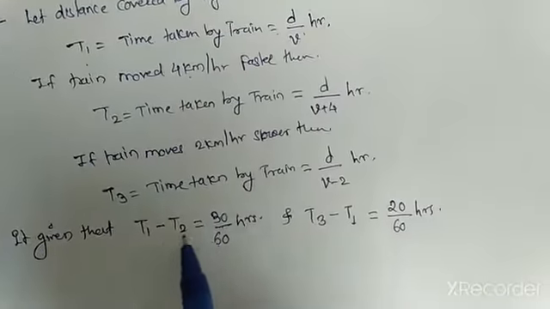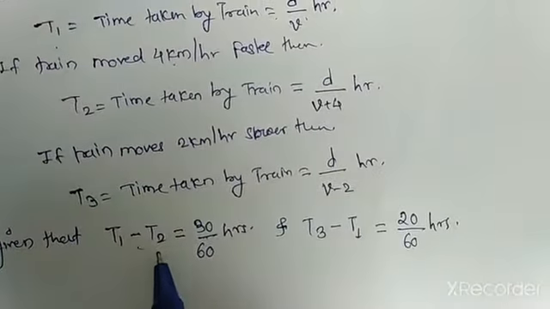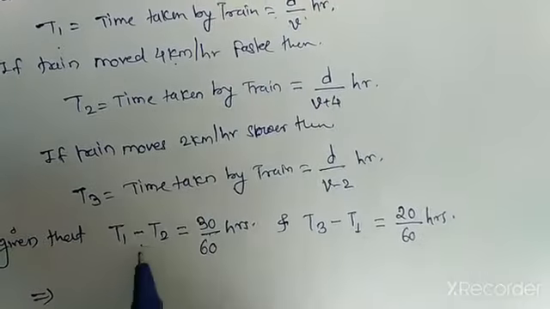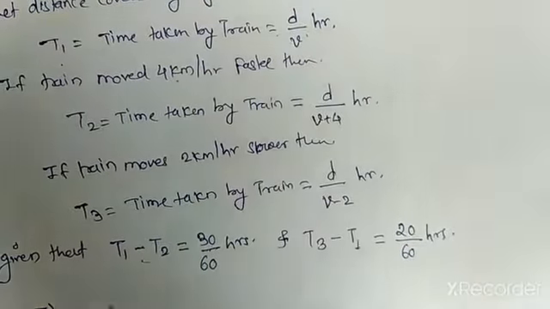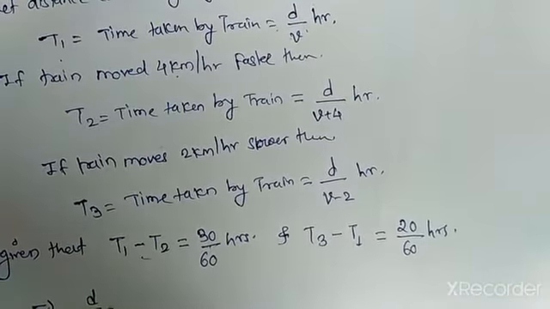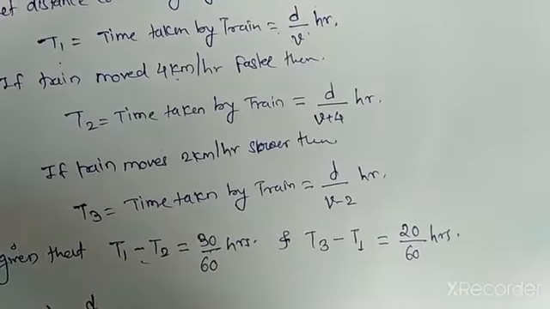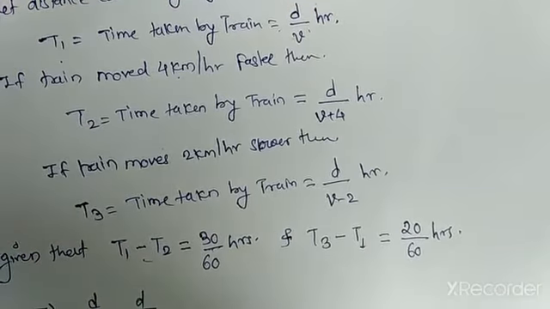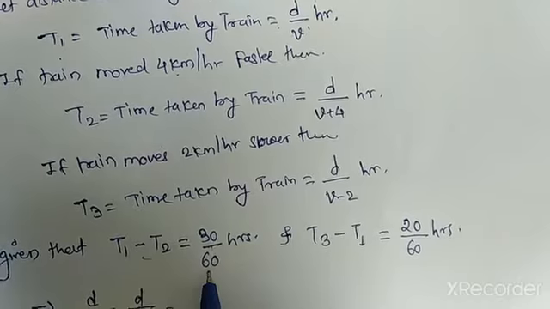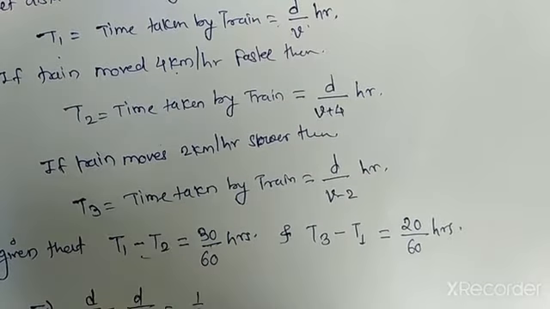So here it can be written as t1 value is d upon v minus t2 is d upon v plus 4 is equal to 30 upon 60, which means 1/2.